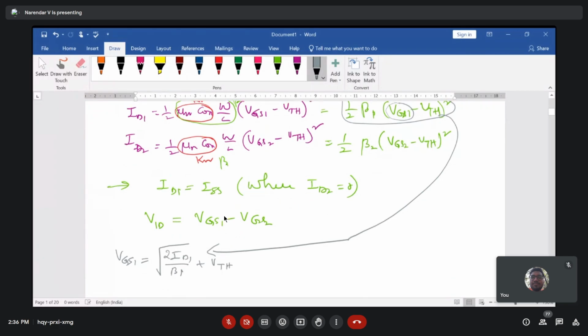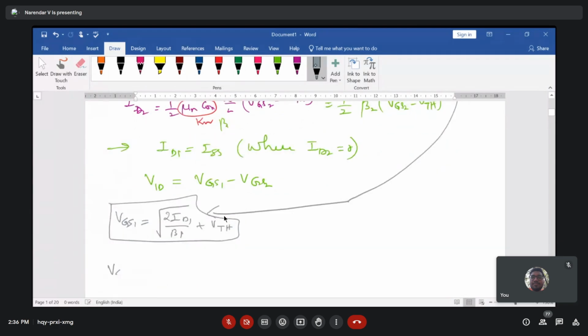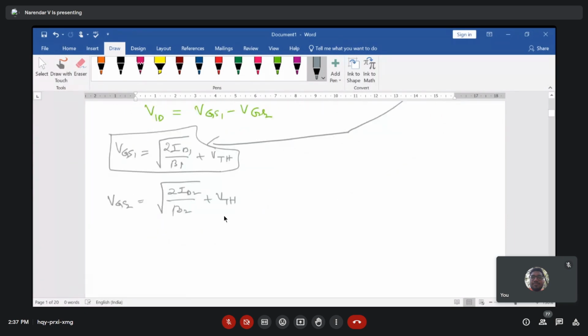So this is your VGS1 of the transistor. Similarly, you can also write VGS2, which is equal to root of 2 ID2 divided by beta 2 plus VTH. Right? Now the differential input VID is equal to VGS1 minus VGS2.